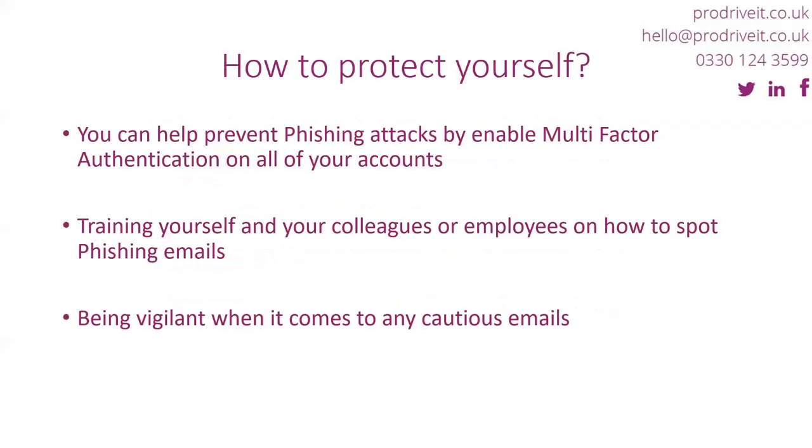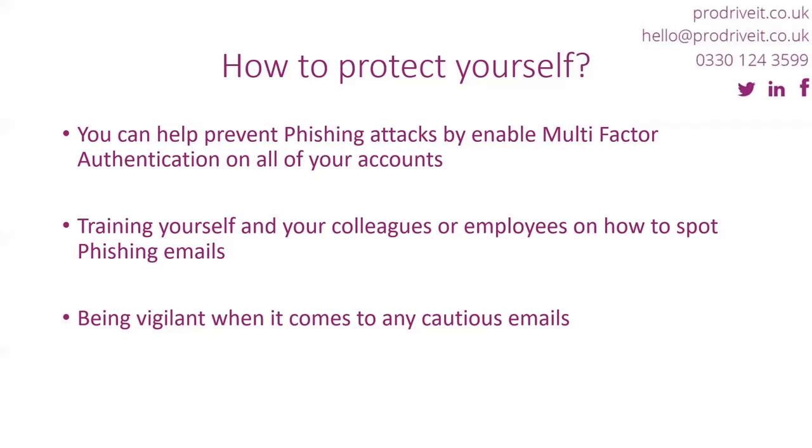So how can you protect yourself from phishing emails? You can often prevent these attacks by having multi-factor authentication enabled on all of your accounts. This is when you need to put in the PIN on the website or on an app that your bank may require from you. Most banking apps already have this where you need to put in a number, and you can get this on all of your emails as well.